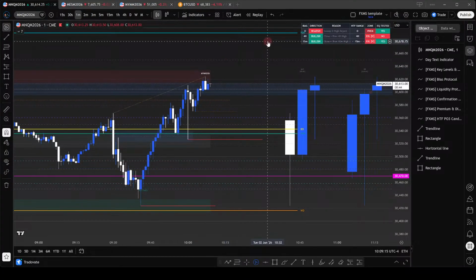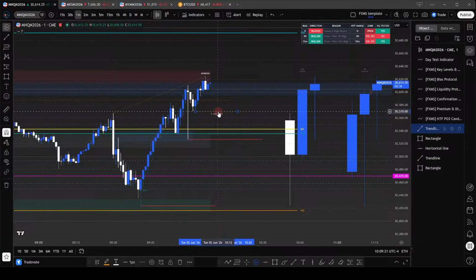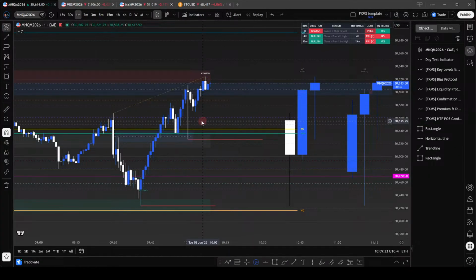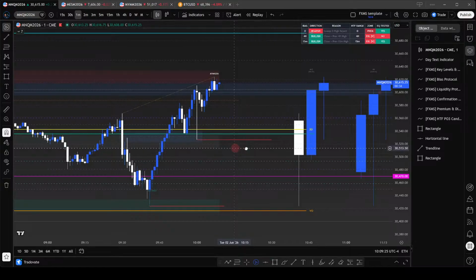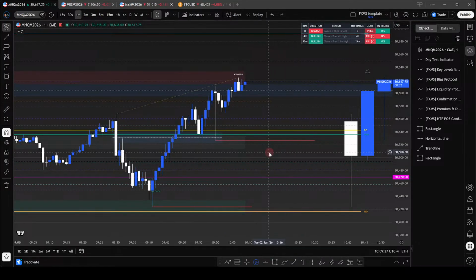If I want to go for that, I'd like to see price come back and take out some lows first. This still feels a little bit too high up in the range for me. This wick, some big manipulation.